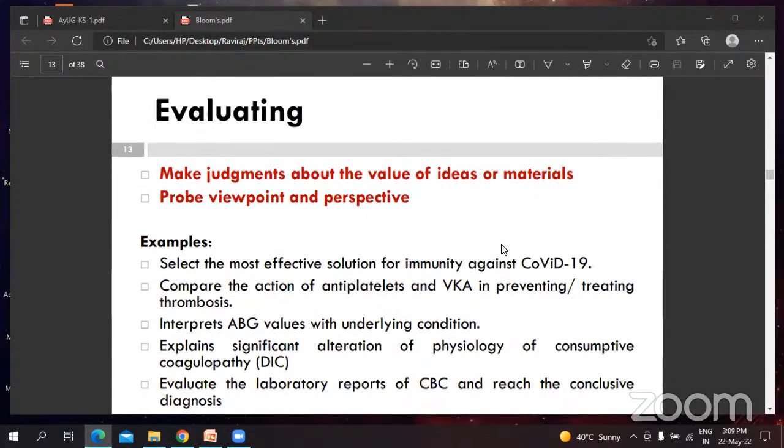After that, we will move on to the next level of cognitive domain, and it is known as evaluating. So from understanding, we are now starting judging the things.